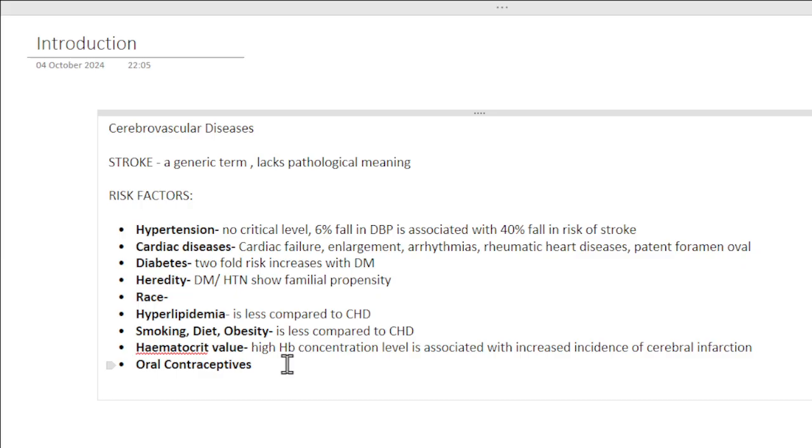One is remaining still. Oral contraceptives, it's not clear; there is not a clear role of oral contraceptives.